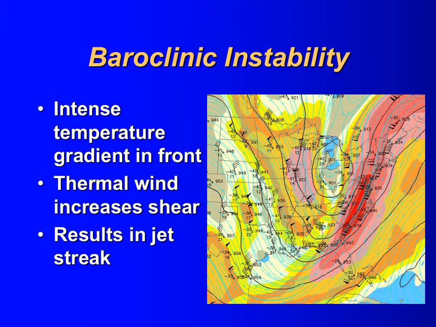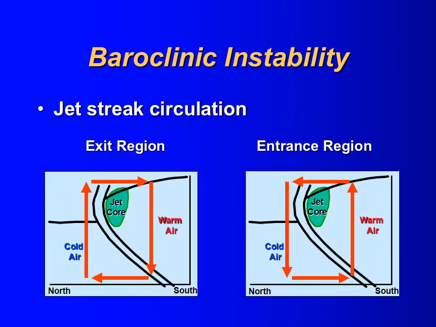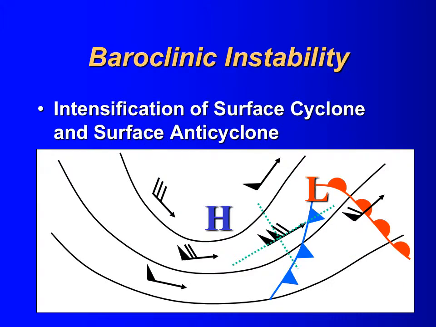So with that strong temperature gradient, you get a jet streak as a result of the thermal wind. And that causes these secondary circulations in the exit and entrance region. You remember your thermally direct and thermally indirect circulations, which intensify the surface low and the surface high.